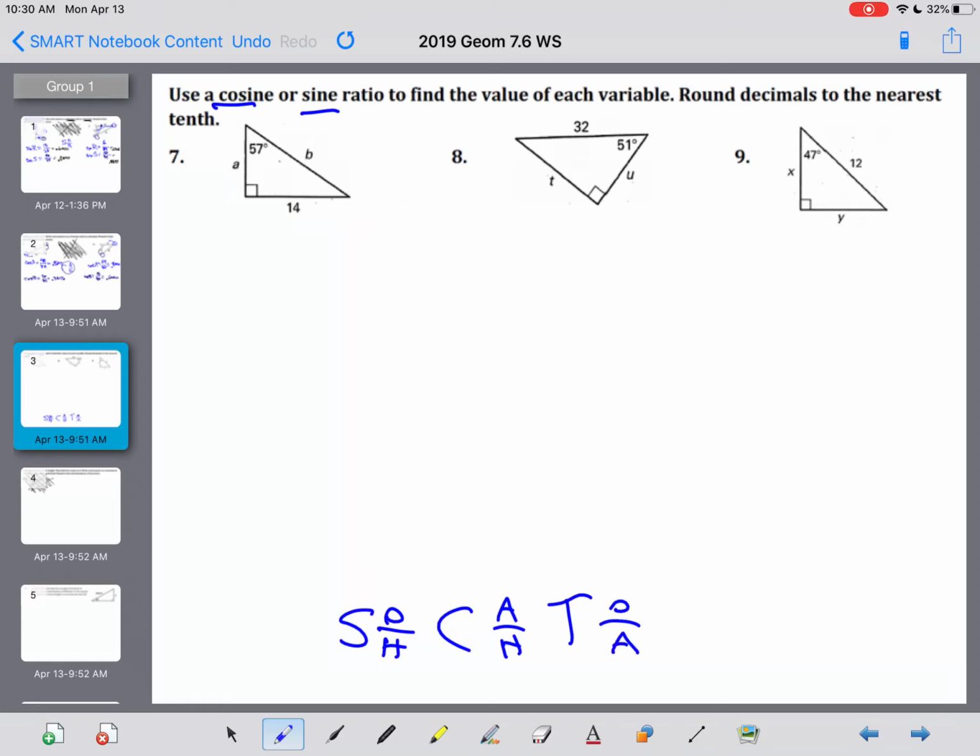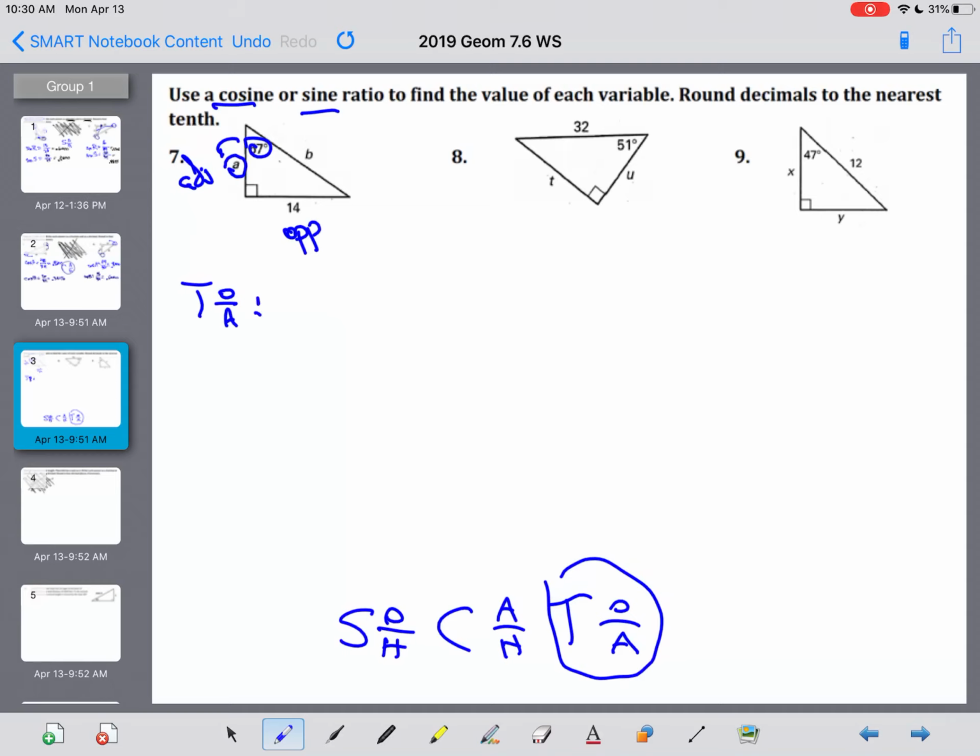So first of all, each variable value here, let's find a first. So I've got an angle. This is my adjacent to the angle. And this is going to be my opposite to the angle. So in this case, this is going to be TOA to find a.